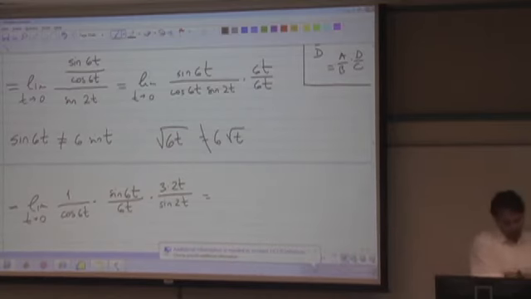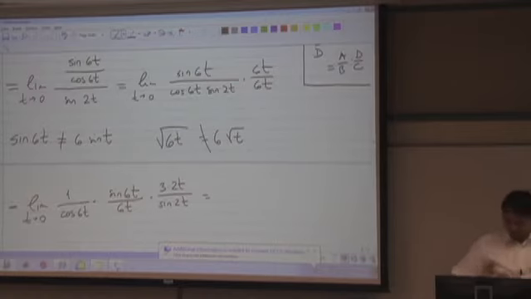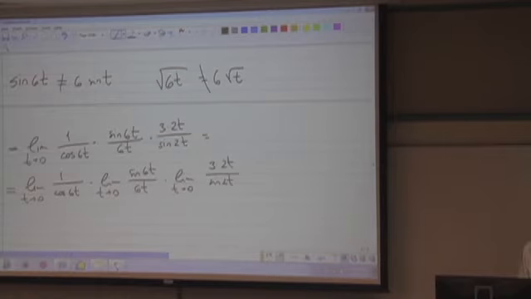Okay, now what is the limit as t goes to 0 of 1 over cosine of 6t? Since everybody seems to be like a deer in headlights, let's do this. Using properties that we talked about last time, the limit of a product is the product of limits.